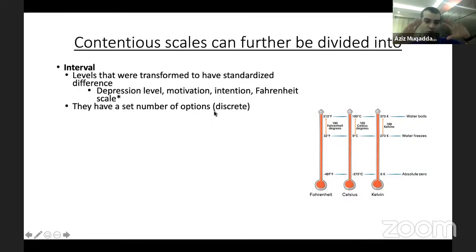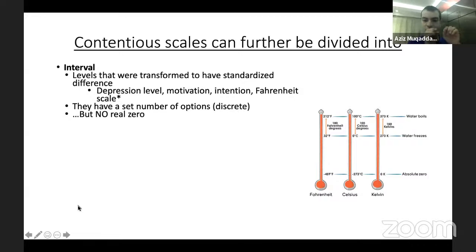I present you with a list of questions, and they have options from 1 to 5 or 1 to 7 or 1 to 11. You pick your choice, right? So they have a discrete number of options with equal distance, but no real zero, all right?